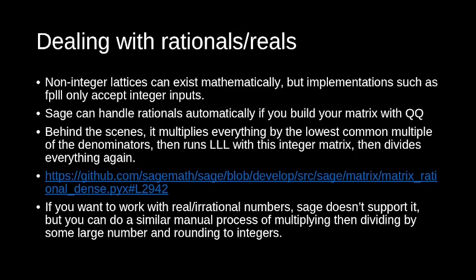Now let's look at dealing with rationals or reals. So non-integer lattices can exist mathematically, but implementations such as FPLLL only accept integer inputs. Sage can handle rationals automatically if you build your matrix with QQ.